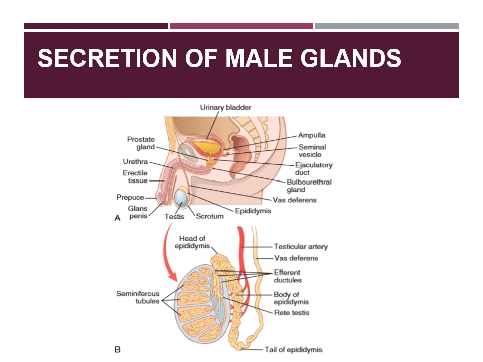Other than the fluid containing sperms from the testis and the epididymis, there are other fluids secreted from different male glands, which are the seminal vesicles, the prostate gland, and the bulbourethral gland.